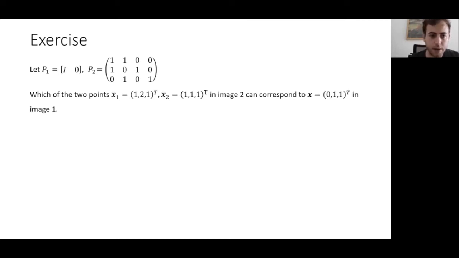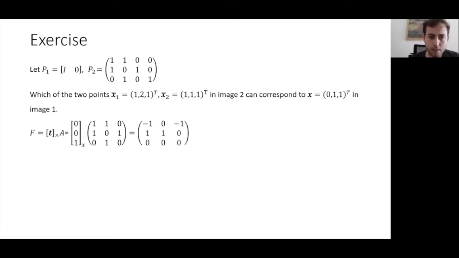Yeah, so basically, first, we can calculate the fundamental matrix, as you said, by T cross product A. So we get, this is T, this is A, and we get this matrix. So I have the fundamental matrix. What do I do next? Searching on the epipolar line, which is the corresponding one? Yes, exactly.